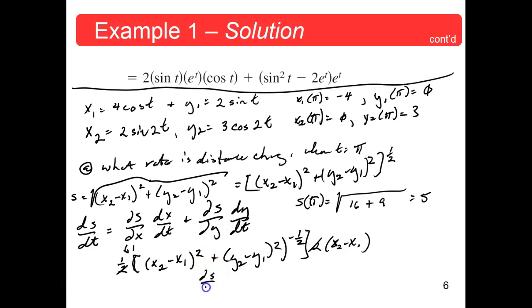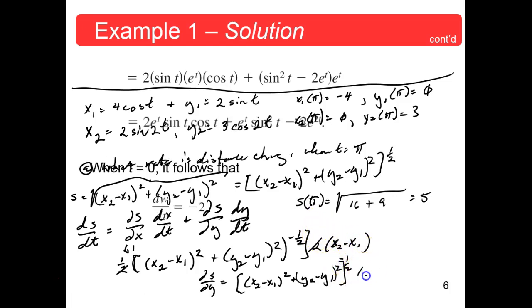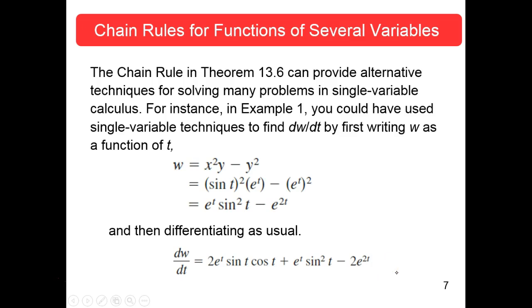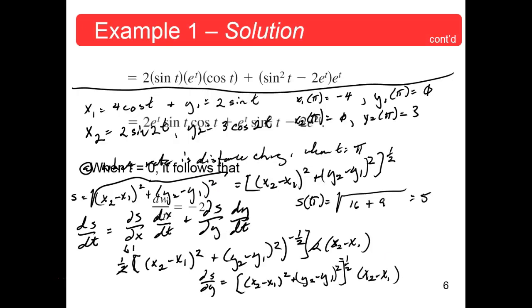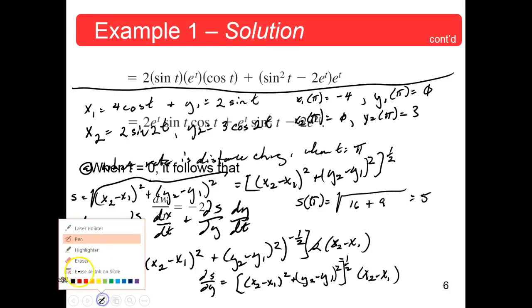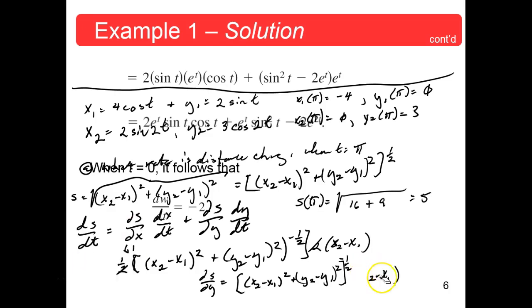Partial of s with respect to y is going to be the same type of look to it: (x2 minus x1) squared plus (y2 minus y1) squared, to the minus 1/2, times y2 minus y1, because that's chain rule with respect to the second one.